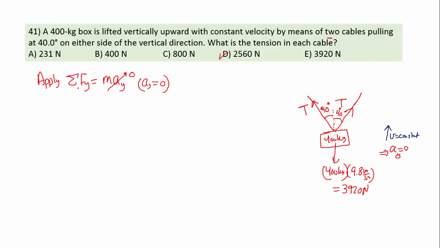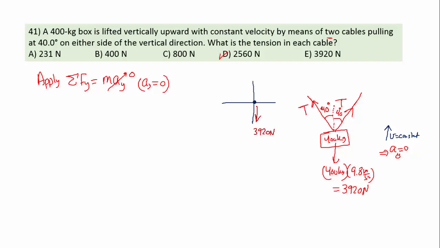Now if we look at the forces in the y direction, we draw the free body diagram, assuming the mass is at the origin. In the y direction we have 3 forces. We have the weight downward, the 3,920 Newton, which we evaluated by multiplying the mass in kilogram by the acceleration due to gravity. And then we have the 2 forces of tension.